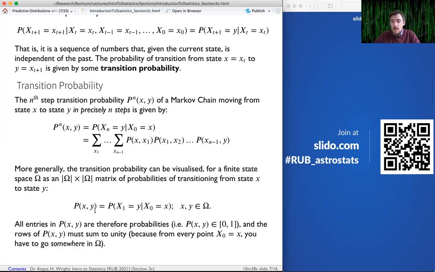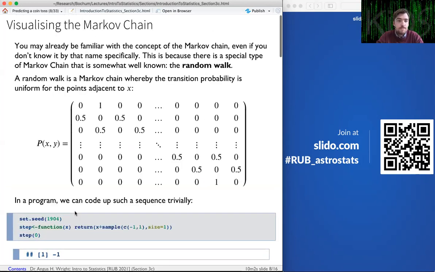That's because each row is one state X, and if you are at one state X, the probability of going to X0, X1, X2, X3, all the way through to Xn, all of the available states, has to sum to 1. Because if it doesn't, then there's a finite probability that when you reach state X, you disappear from the universe after that step, which obviously can't happen. And so the rows of this thing have to integrate to unity.